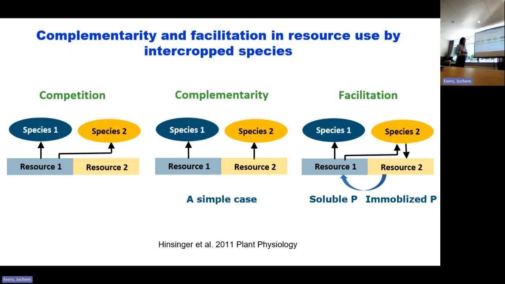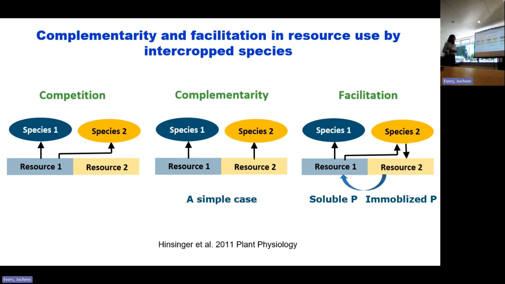And for facilitation, that means there are different resources, and one species can use them very easily and help the other one to also use the unavailable resources.